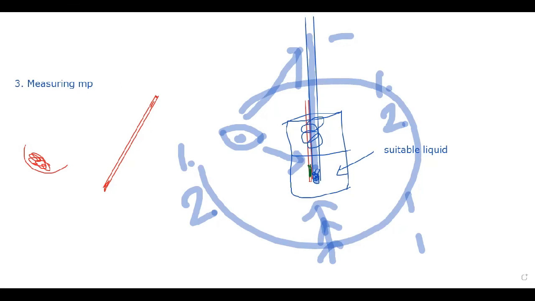Okay, after this is measured, this is the melting point, and this is the derivative, the DNPH derivative, and this is the aldehyde or ketone.